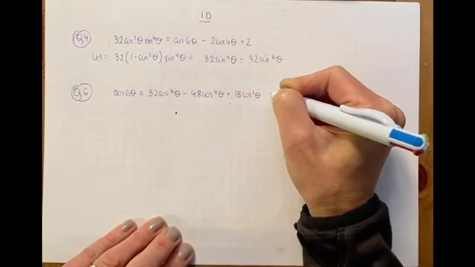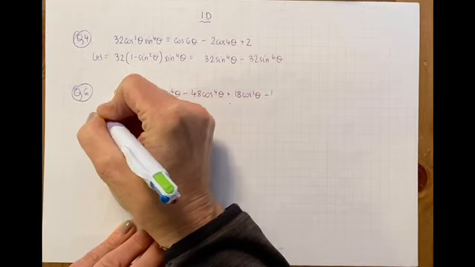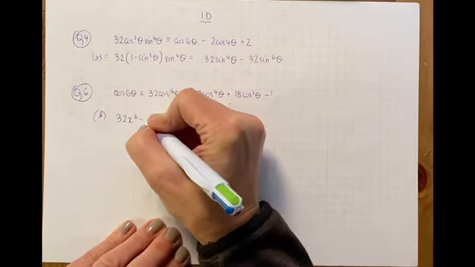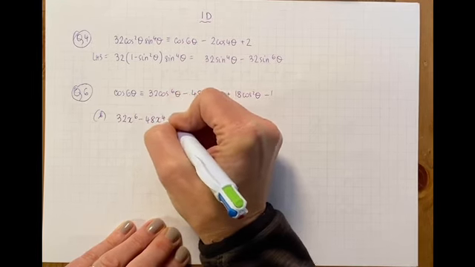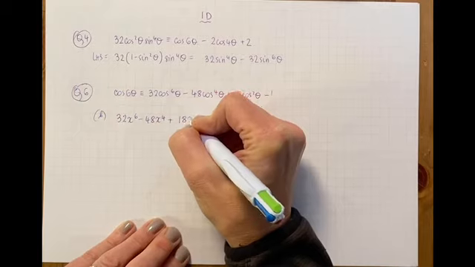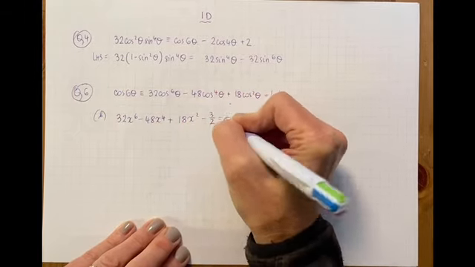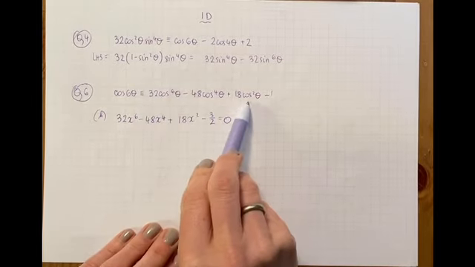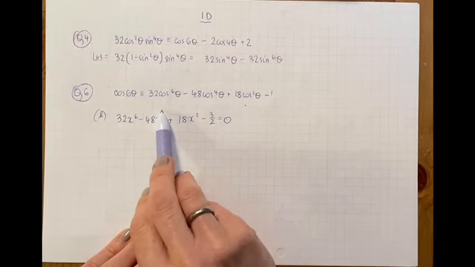So you're going to use this identity to solve the equation in part B, which is 32x to the power of 6 minus 48x to the power of 4 plus 18x squared minus 3 over 2 equals 0. So the thing is just to glance at the identity above and have a look at what is the same here.